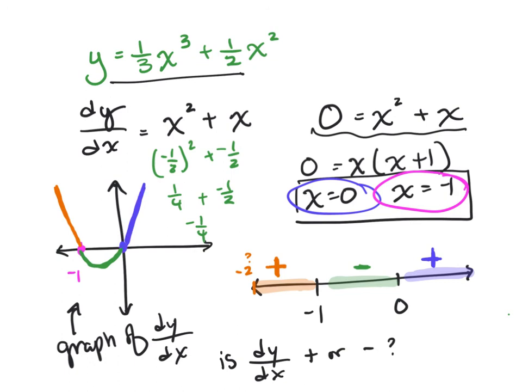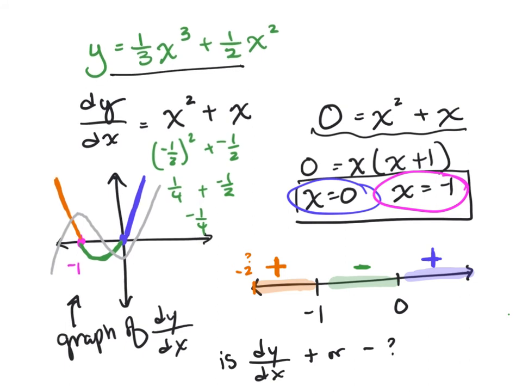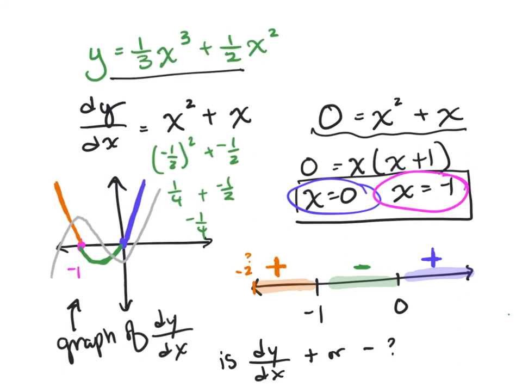So let's see what that would kind of look like. I'm going to draw this in gray so over here somehow it has a positive value. And then for the green section, it's going to be a negative value, and then it's going to go down to 0. And then it has a positive slope again. And this gray graph could be moved up, it could be moved down, but the entire thing, I know because this derivative just tells me about the slope.